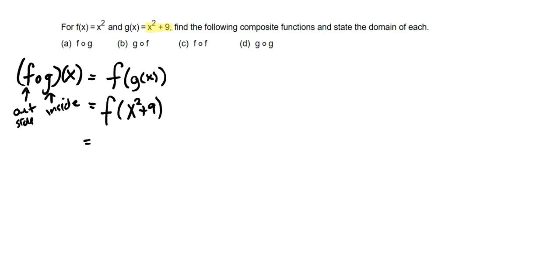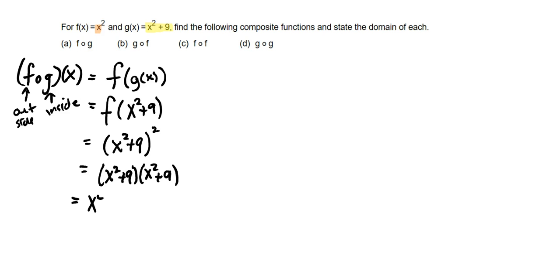So everywhere we see an x in the function f, we want to change that x to x squared plus 9. So that becomes x squared plus 9 squared. We want to simplify this to be x squared plus 9 times x squared plus 9.